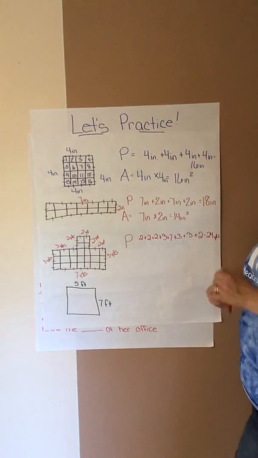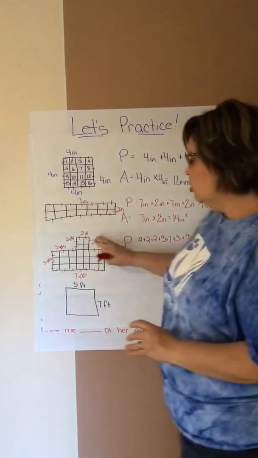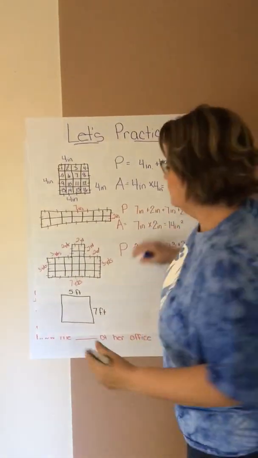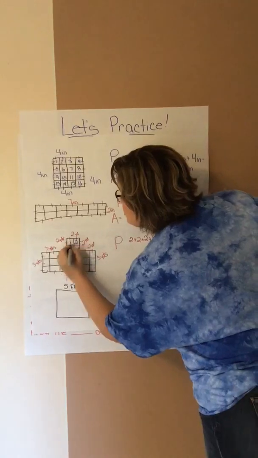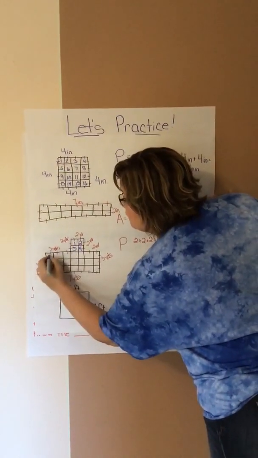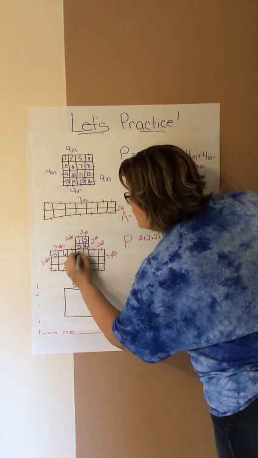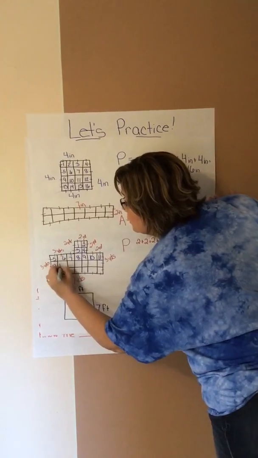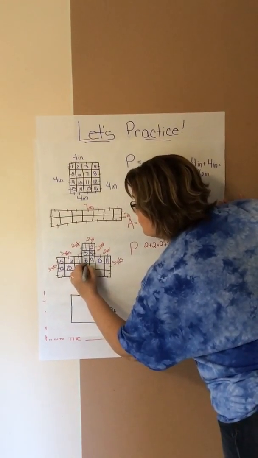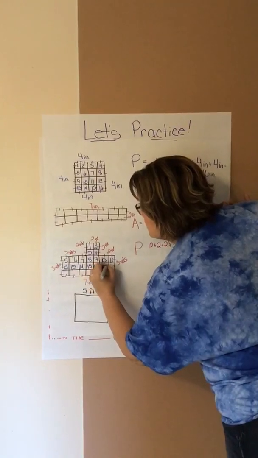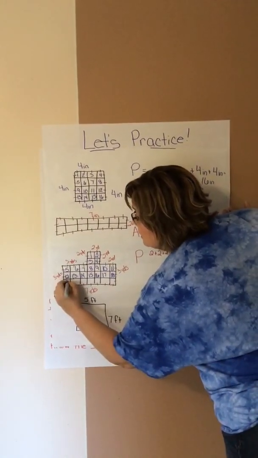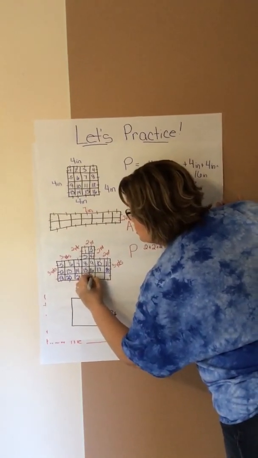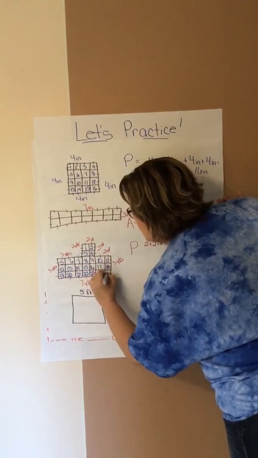In order to do the area for this one right now, and you'll learn how to do this using multiplication more later, but right now we're just going to simply count them. 1, 2, 3, 4, 5, 6, 7, 8, 9, 10, 11, 12, 13, 14, 15, 16, 17, 18, 19, 20, 21, 22, 23, 24, and 25.